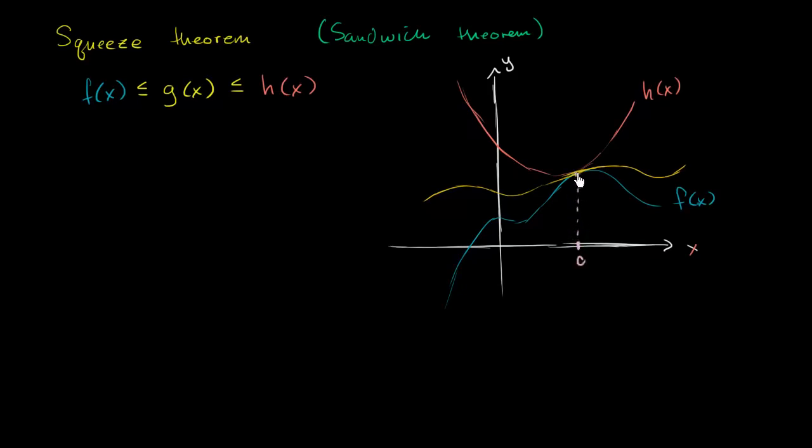And let's say that the limit of f of x as x approaches c is equal to L, and that the limit as x approaches c of h of x is also equal to L. So notice, as x approaches c from either side, h of x approaches L and f of x approaches L. So these limits have to be defined.